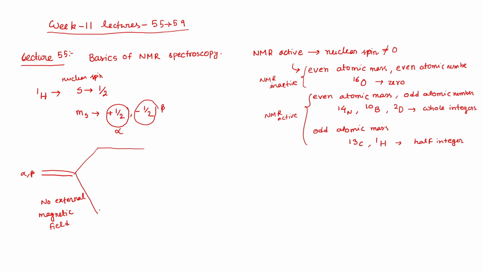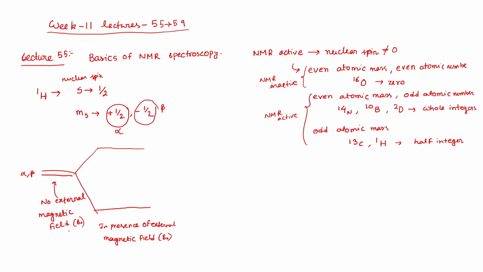One will get stabilized, another will get destabilized. I will come back very soon to whatever the energies will be. So it is going to be non-degenerate. First it was degenerate, now it is in the presence of an external magnetic field, that is B0, suppose.